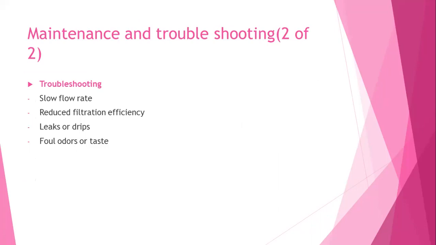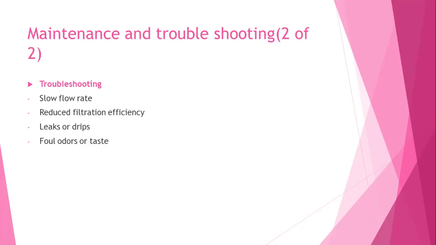Troubleshooting, slow flow rate. Troubleshooting simply means what you see that indicates there's a problem with your filter. Slow flow rate is an indication that there is some clogging at the different filter units, reducing the rate at which the water is flowing.